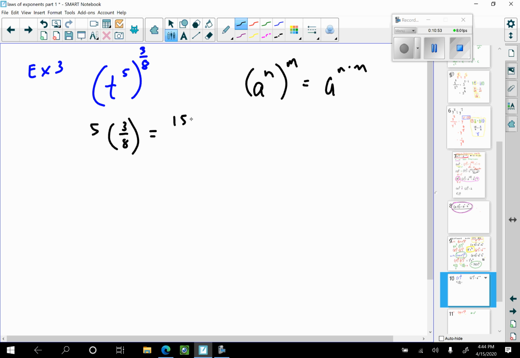This is going to be 15 to the 8th, the exponents multiplied together. Therefore, this is equal to t to the 15 eighths. Very good. This one was easy peasy.